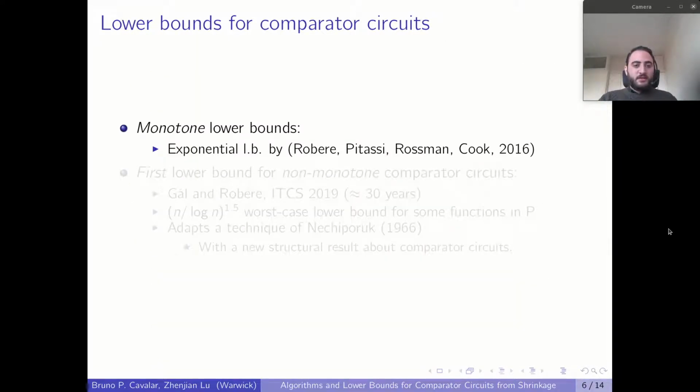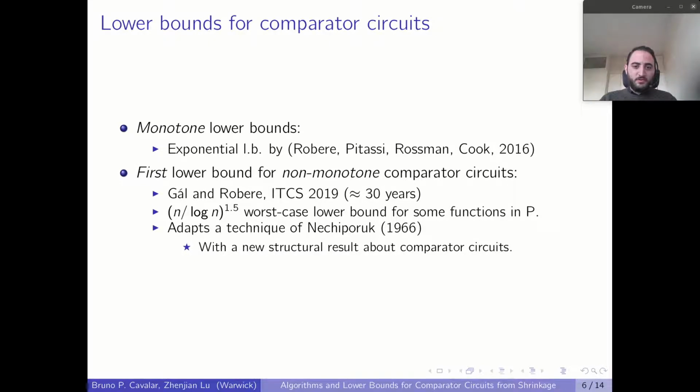So, lower bounds for comparator circuits. The first monotone lower bound for comparator circuits was proved in 2016 by the previously mentioned paper of Robere, Pitassi, Rossman, and Cook. They proved an exponential lower bound for monotone comparator circuits. However, the first lower bound for non-monotone comparator circuits was shown only in 2019 by Gál and Robere.